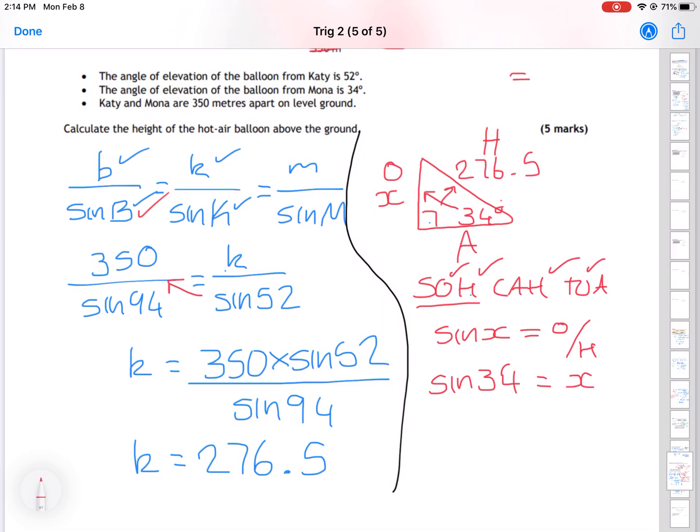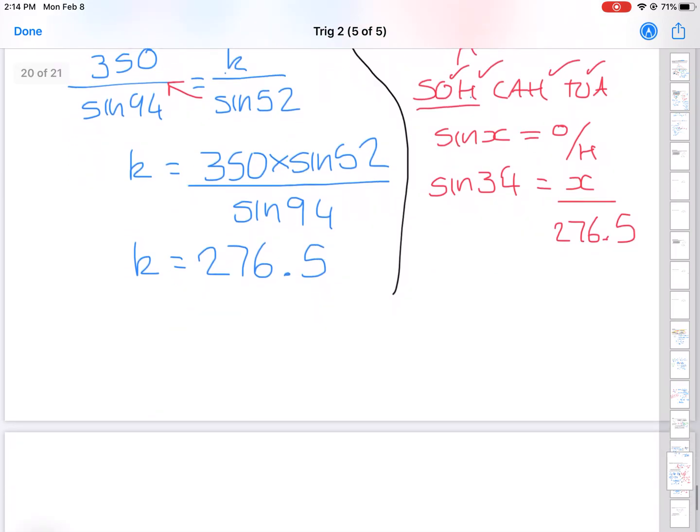The opposite we don't know, but we can replace by x, and that's 276.5 as the hypotenuse. Eventually, coming all the way down here, we can find out what x is by multiplying up the 276.5, so 276.5 times sine 34. Okay, and that will give us the height of the balloon.